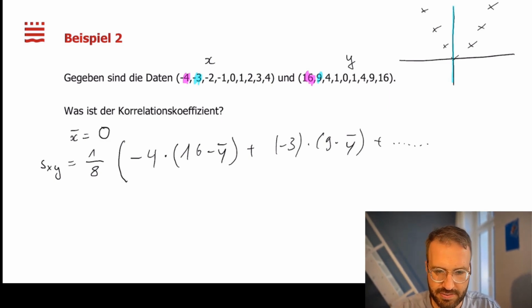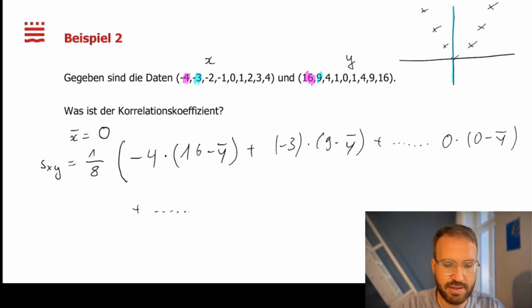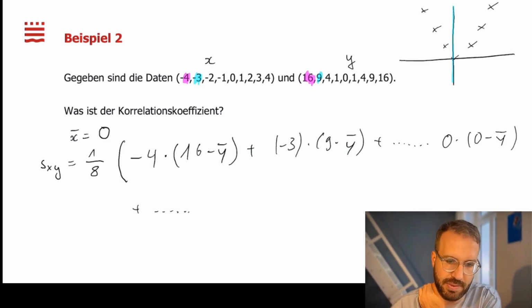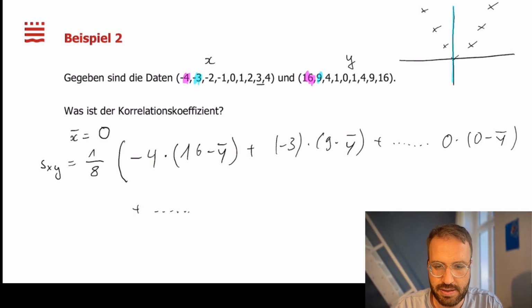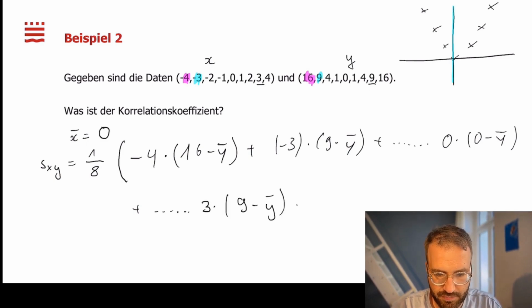Let's take a quick look at that. So 0 times 0 minus y bar. Then I will skip again and only look at the last 2 elements. They are then, because we are here at 3 and at 9, that means we have 3 times 9 minus y bar plus 4 times 16 minus y bar.